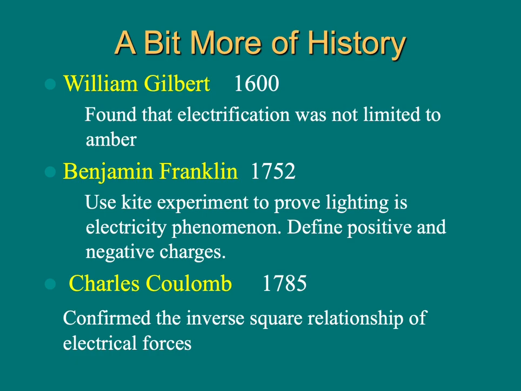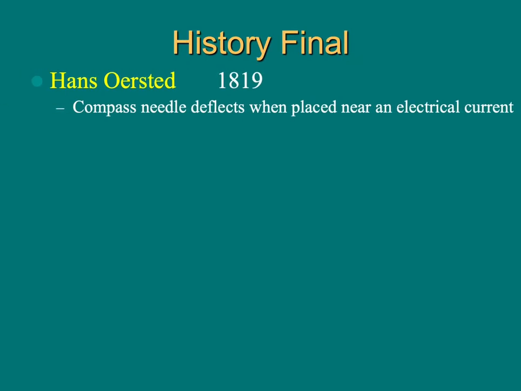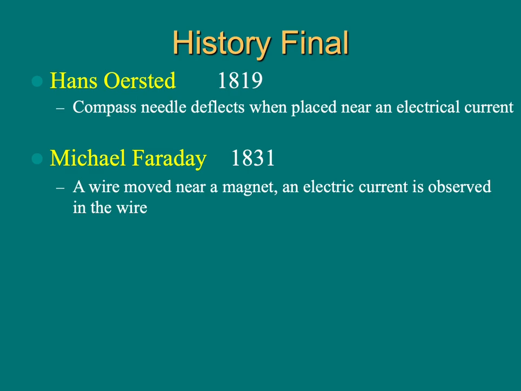And as Benjamin Franklin defined, the charge carried by proton is positive charge, and the charge carried by electron is negative charge. Coulomb used an experiment to find out what would be the electric force between charges. Then Ørsted found out electric current can produce magnetic field.